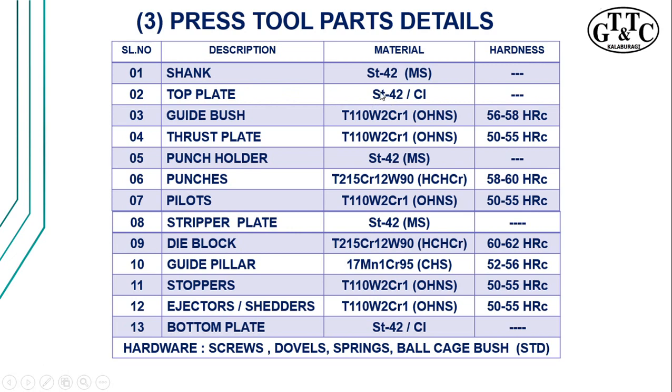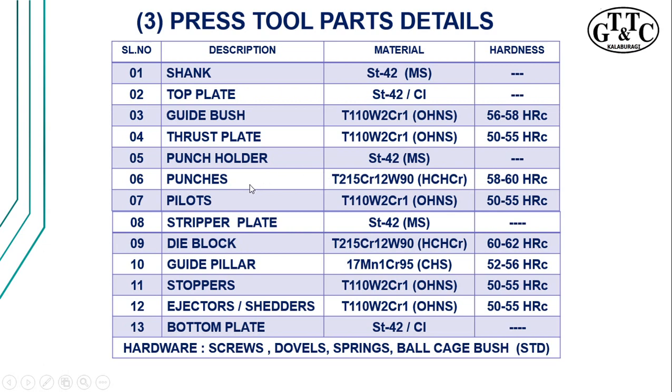Sometimes if a design demands a standard die set, then cast iron is required. And a guide bush of OHNS, a hardenable material with 56 to 58 HRC, thrust plate of OHNS with 50-55 HRC, punch holder of ST42, punches of high carbon high chromium steel, HCHCR, of 58-60 HRC.